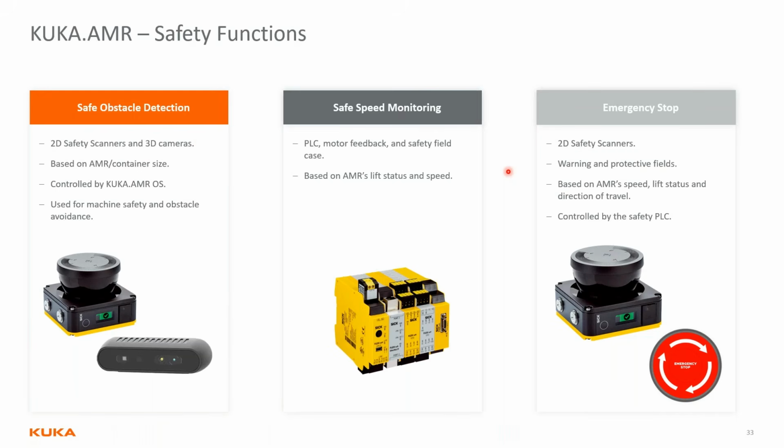On KUKA AMR fleets, the fleet manager considers them the same type, so it doesn't know their different sizes. This is something we're working on. We're going to introduce subcategories of the AMR types in the future, so you can have 1500p type A, 1500p type B, and so on to differentiate between these AMRs.